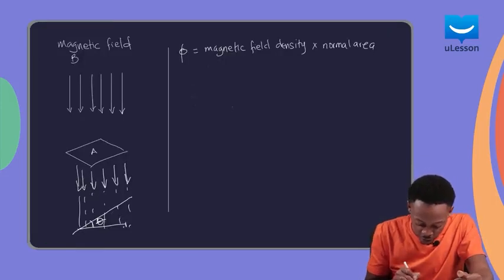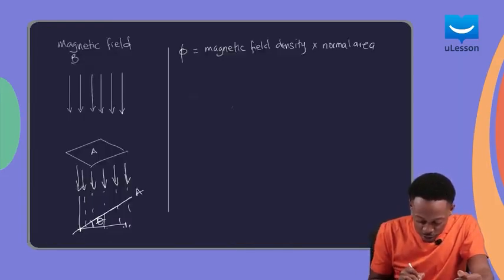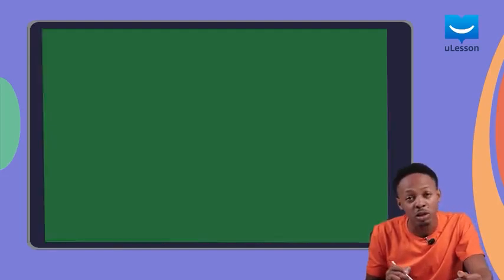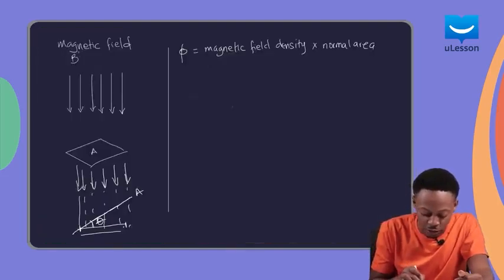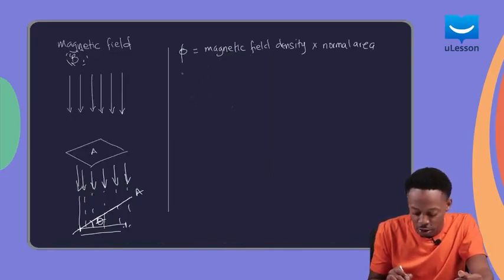So the area here that is perpendicular to this magnetic field: the length of this area will be A, so the part that is perpendicular will be A cosine theta. This magnetic field density is given by this B here.